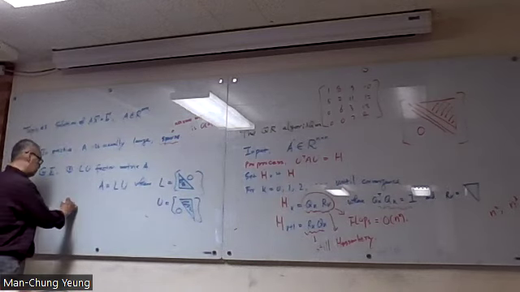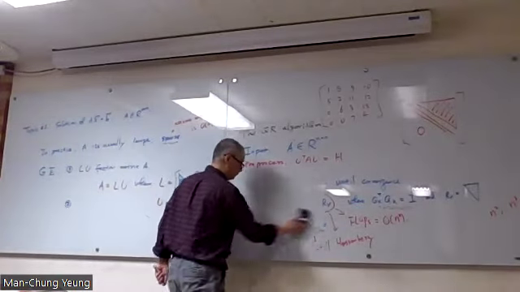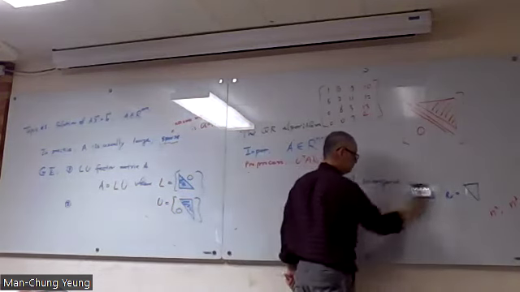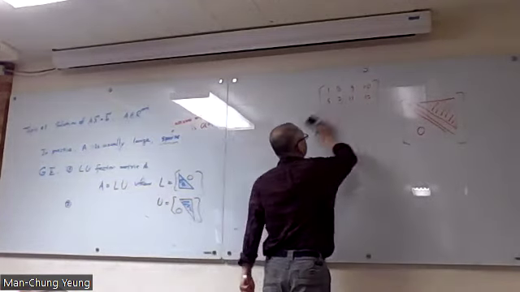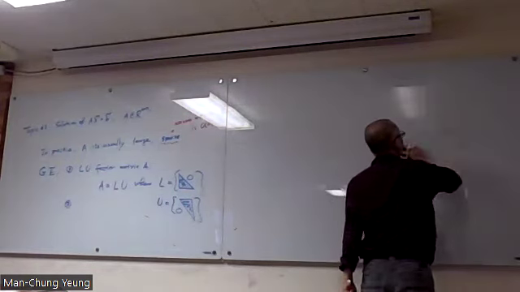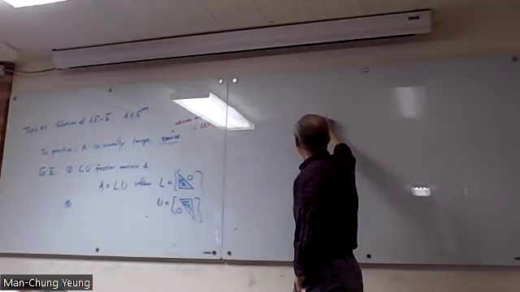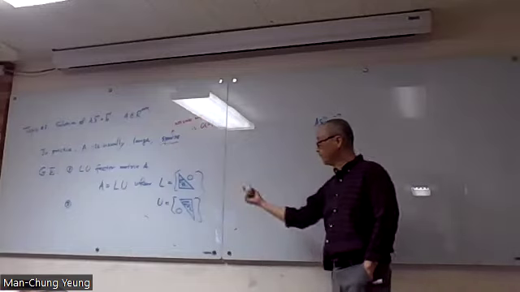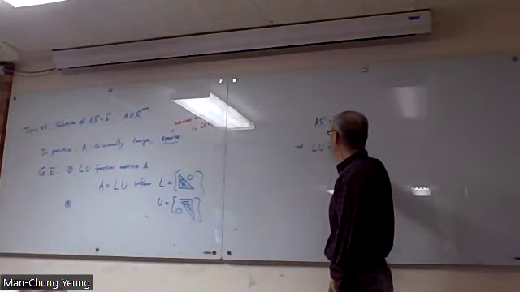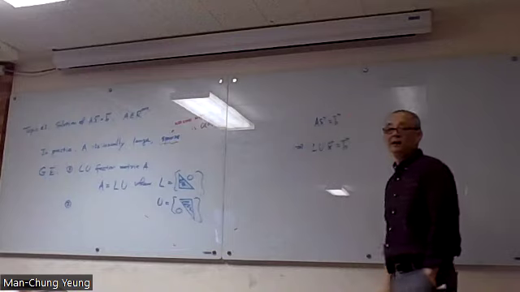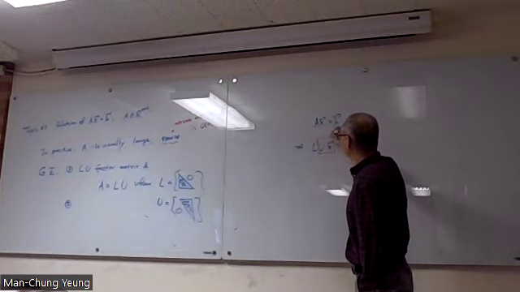Now step two. We want to solve Ax = b. After we have the LU factorization, LUx = b, right? Denote Ux by y.